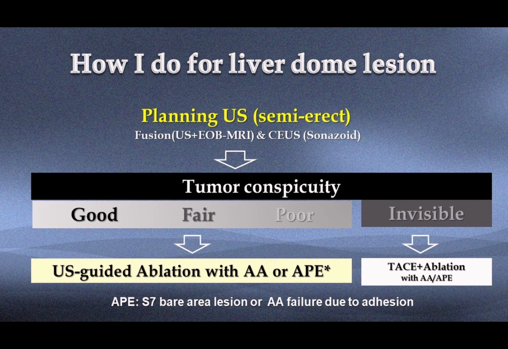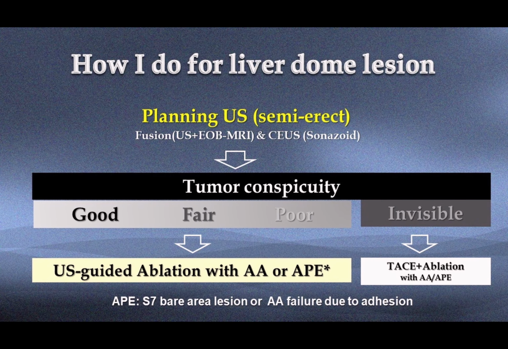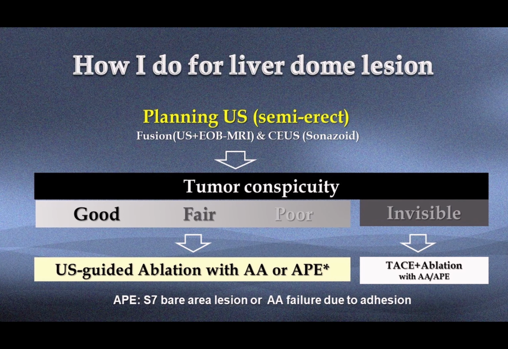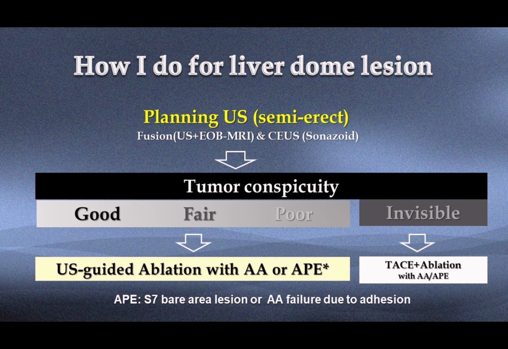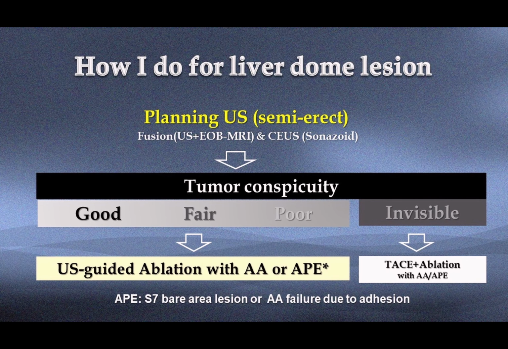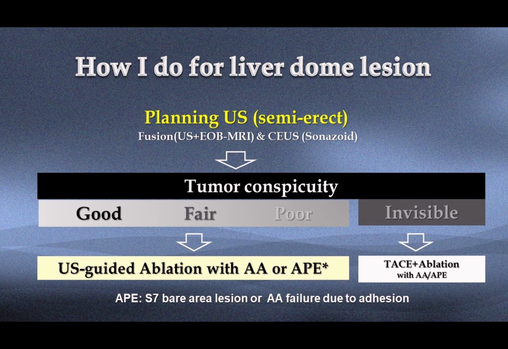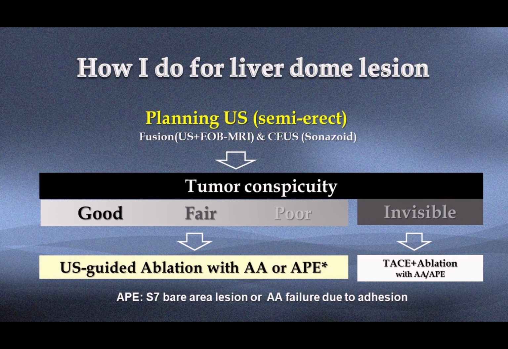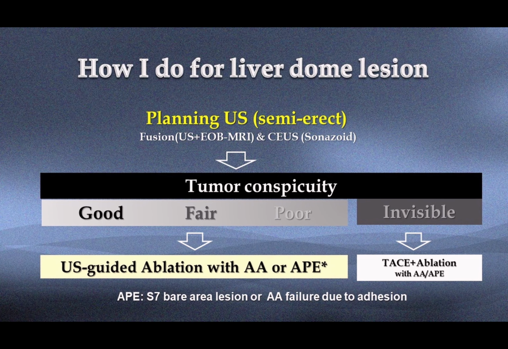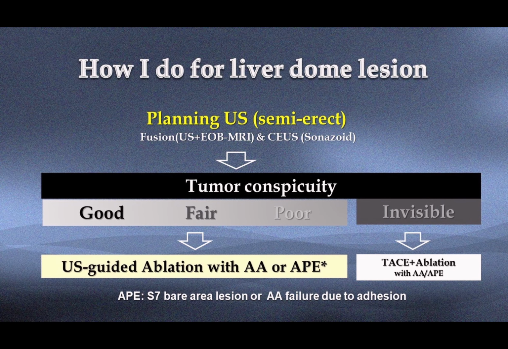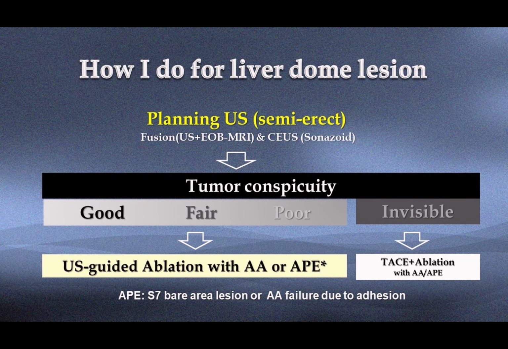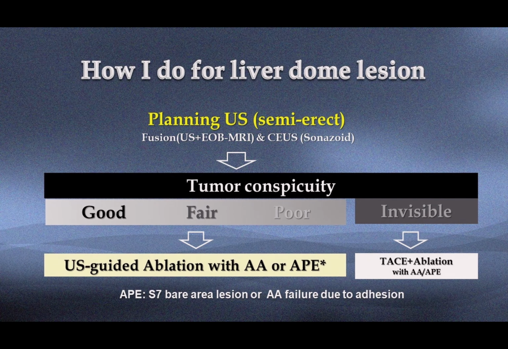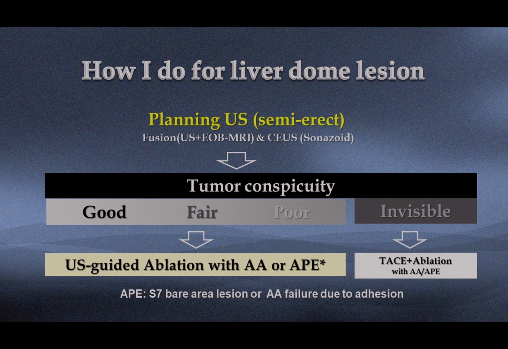After using all kinds of fusion and CEUS, if I cannot be sure whether the tumor is located or not, at this time I refer to combined treatment, TACE plus ablation. The incidence is about 5 to 10% in our institution. So that means in more than 90% of cases we can ablate completely but safely using CEUS and fusion imaging technology.